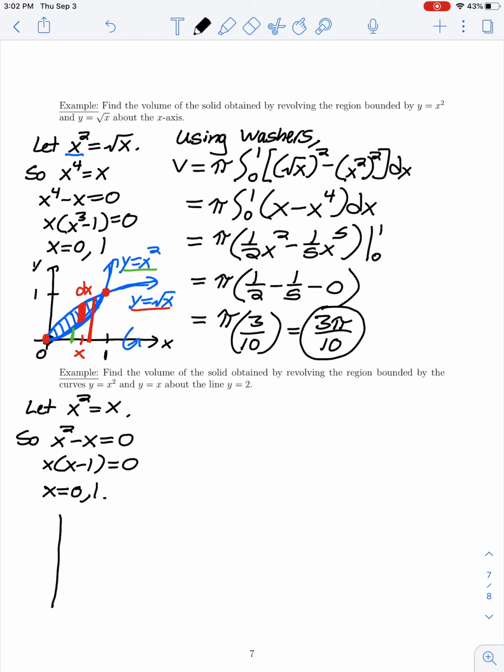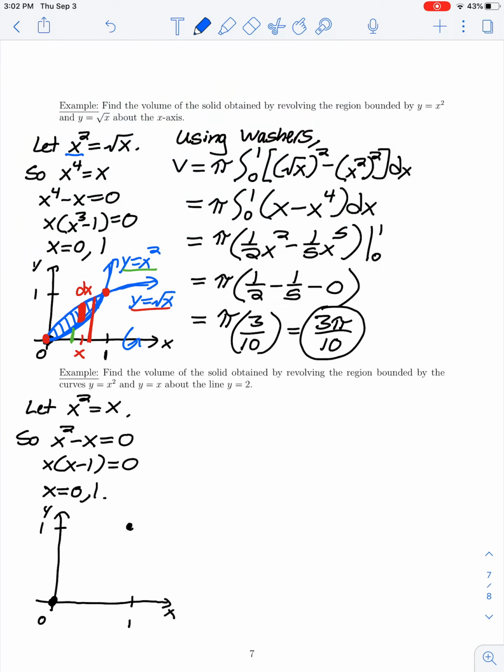So let's sketch our region. When x was equal to 0, y, which is x squared, or x, is also 0. And when x is equal to 1, y, which is x squared, or x, is also equal to 1. So our curves will pass through these 2 points.